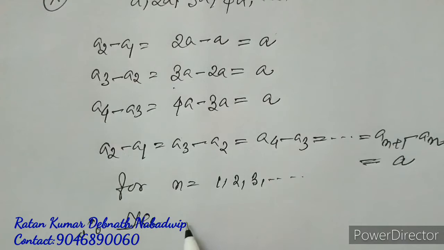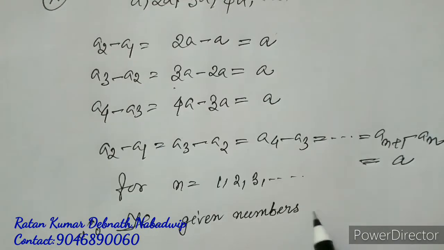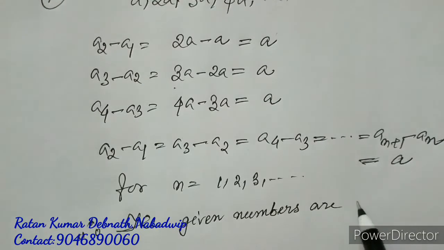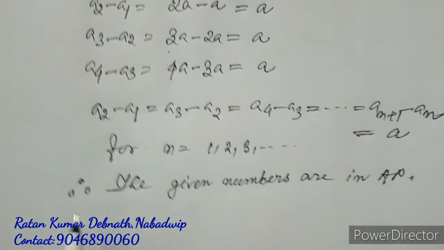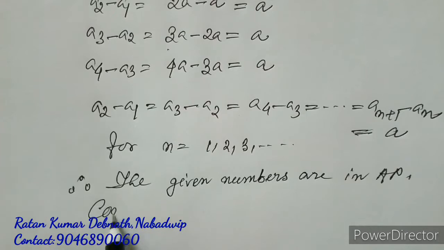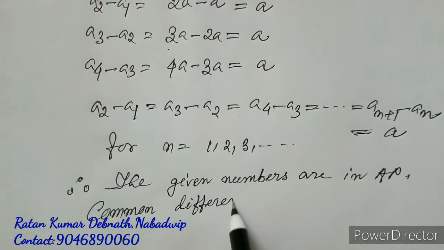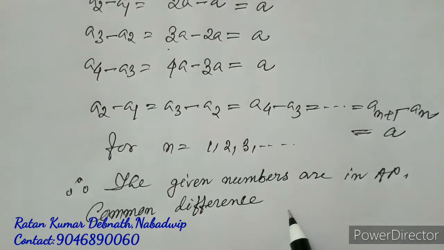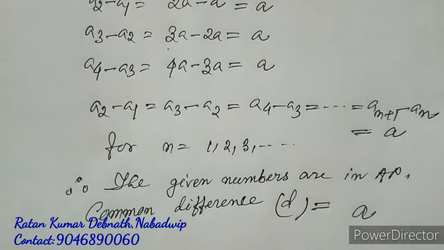Therefore, the given numbers are in AP, and obviously common difference D equal to a.